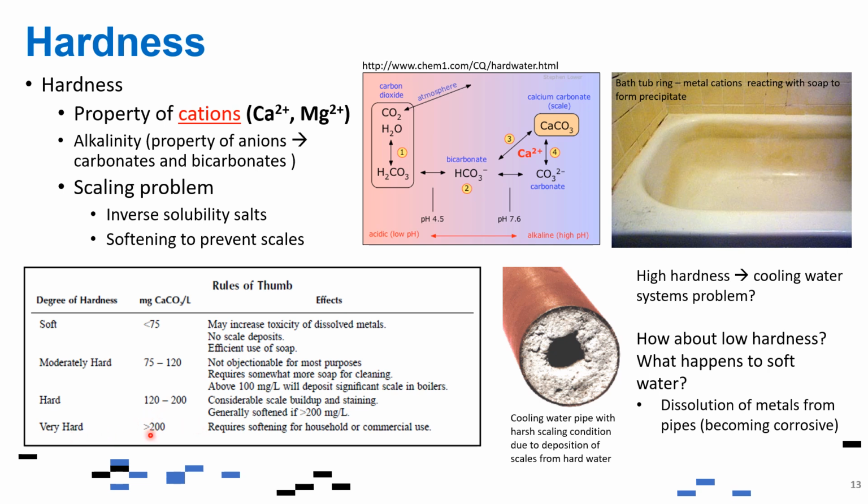You want to maintain your water as moderate as possible, but not too soft. Soft water is also not good because it means low alkalinity and maybe acidic form. If it is quite acidic and you use it in a metallic pipe, the pipe could have corrosion as well. So maintaining a good hardness of the water is important for water treatment processes.